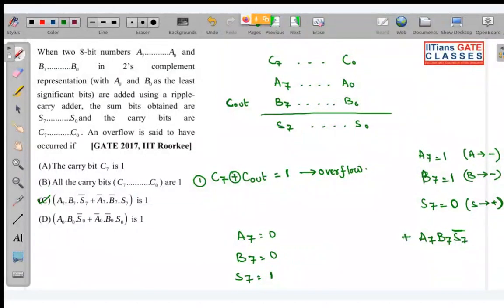So that means overflow has happened in this place. So if I want to write this in a Boolean expression, this will be A7 complement, B7 complement, S7. If either of the functions is true, true means if it is 1, that means overflow has happened. So this is option C. You can see option C is the correct answer.